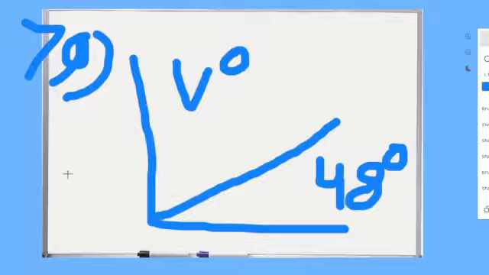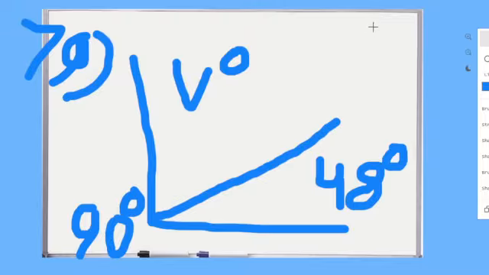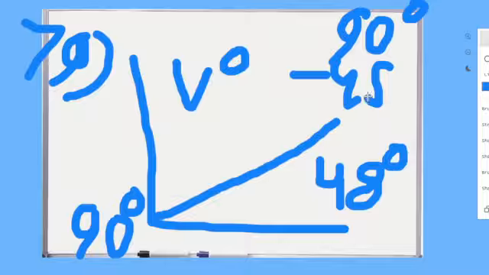And first we have to know how many degrees a right angle is, because this can help you, okay? A right angle is 90 degrees. So now it's very simple: just 90 degrees minus 48 degrees.